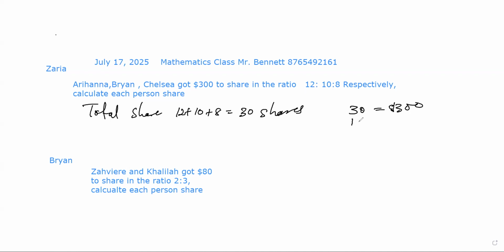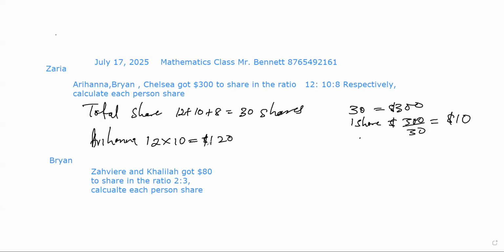One share equals 300 divided by 30, which equals $10. Ariana's share, 12 shares, equals 12 times 10, which equals $120.